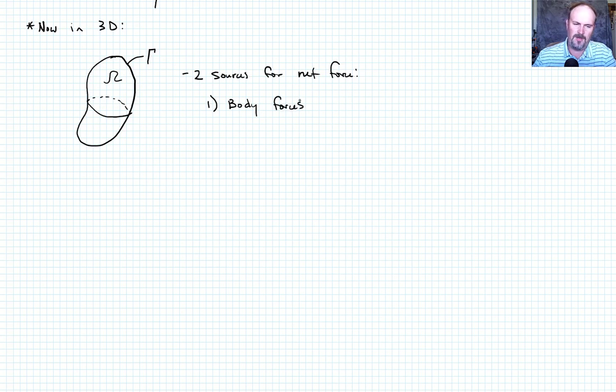They think of gravity or some magnetic force. And we are going to write that as the integral over the volume of the density times the body force, which is a vector term and a field quantity, times some differential volume d omega.